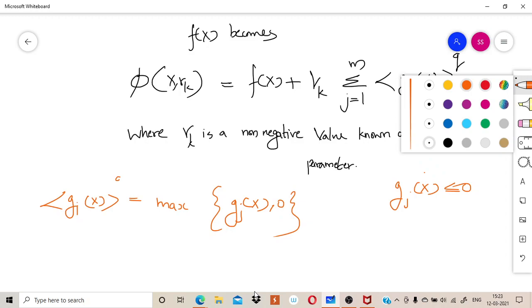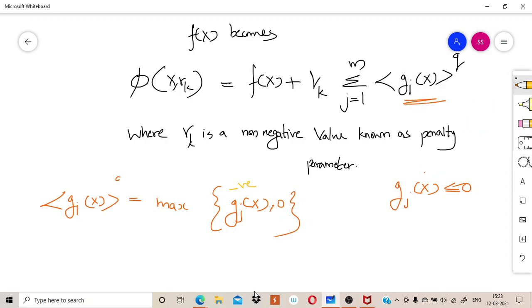That means this will be a negative value, and maximum of a negative and 0 will be 0. So that means this f of x plus this penalty term becomes equal to 0.